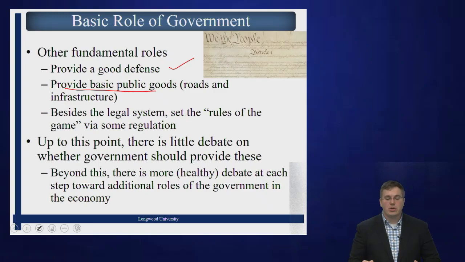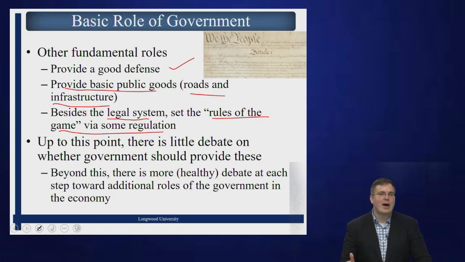Providing basic public goods like roads and infrastructure is something that governments do in market economies that basically everybody agrees on, or almost everybody. And besides providing a legal system, there are other rules of the game via some regulation that clarify some of the ambiguities that come up within markets.